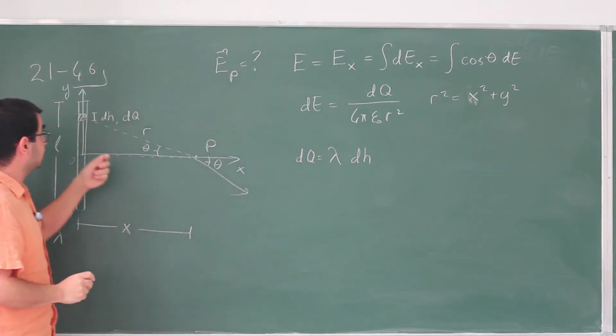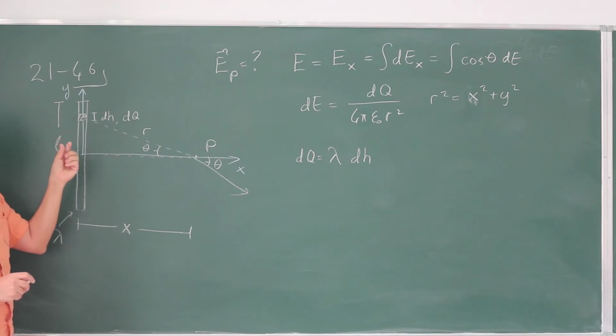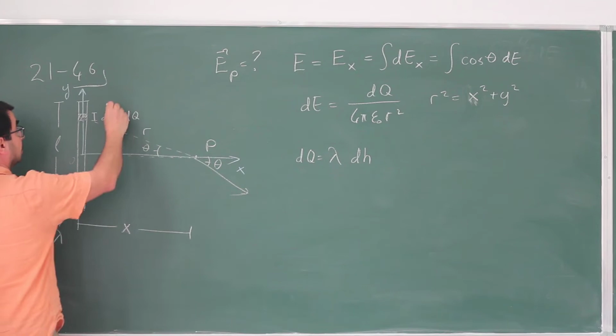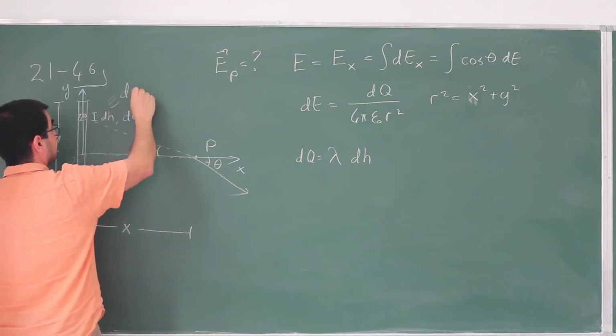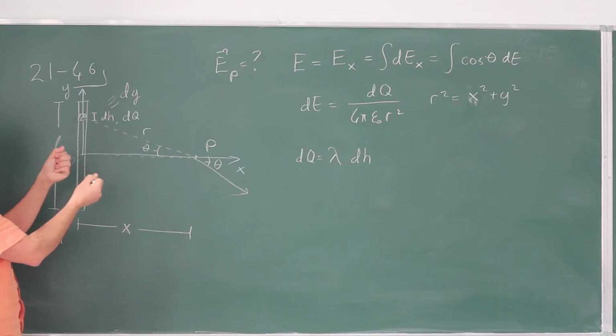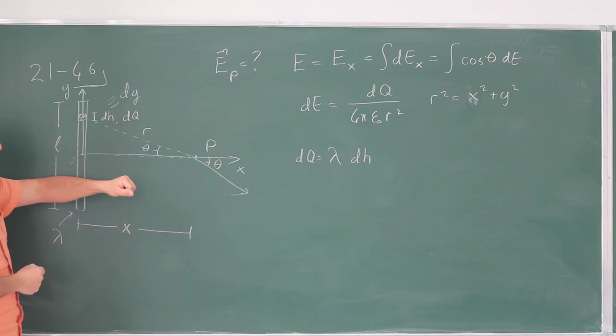Now what about this dh? This dh is the length of this little piece, and it's purely along the y-axis, right? So this means that this dh is in fact, for this case, equivalent to dy. If it was tilted, it would perhaps have an x component, or if it was along the x-axis, it would just be dx.